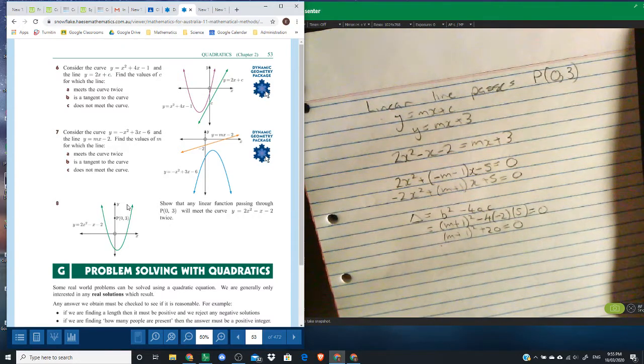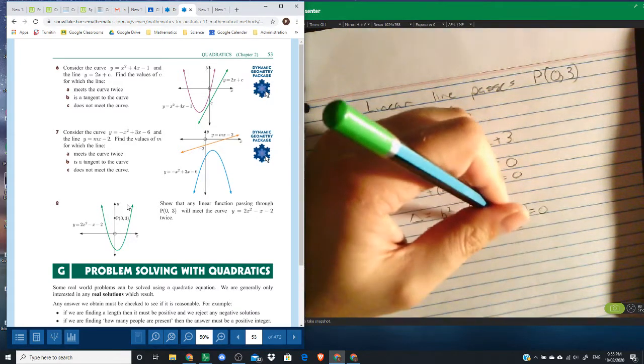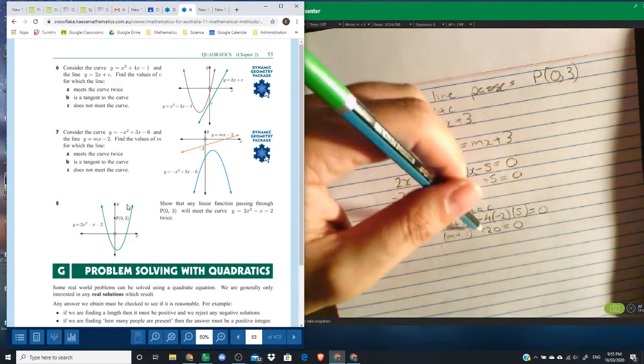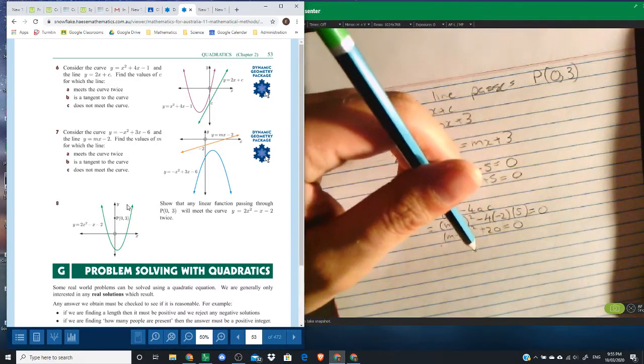I think I'm stumped on this one. It's not working. It's not doing what it's telling me it should do. As I move that across, I have a negative on the other side. If I take the square root, I've got no real solutions.